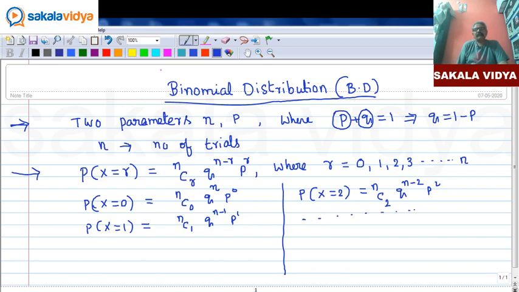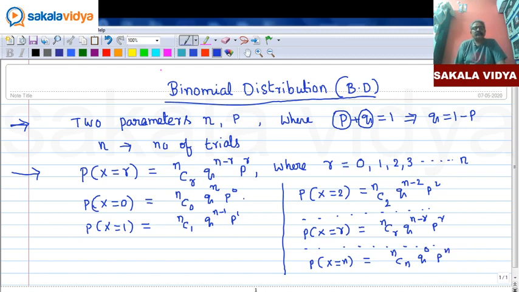Similarly, the general probability of getting r successes, P of x equal to r, is nCr q to the power of n minus r and p to the power of r, and so on. If you write P of x equal to n, you get nCn q to the power of 0 and p to the power of n.